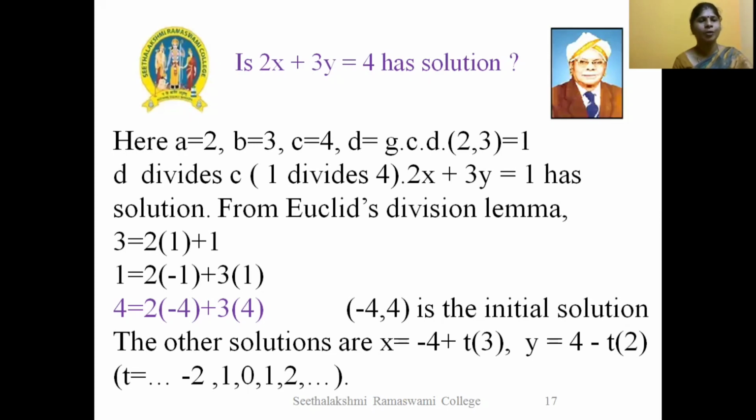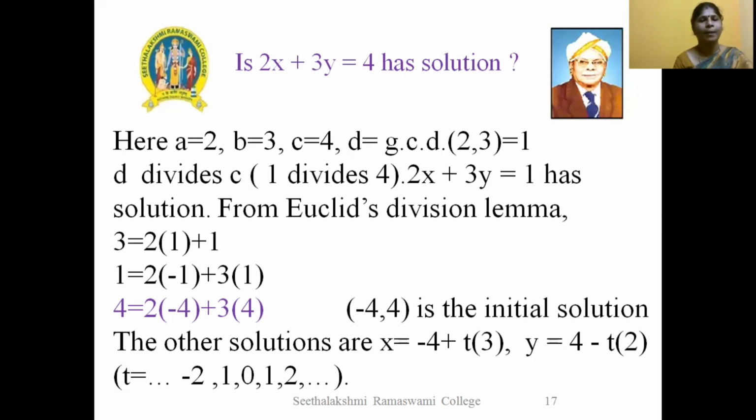From this equation, 1 can be written as 3 minus 2 into 1, that is, 1 is equal to 2 into minus 1 plus 3 into 1. Comparing with the given equation, 2x plus 3y is equal to 4, we multiply by 4 in the above equation, and we get 4 is equal to 2 into minus 4 plus 3 into 4, which is the given equation.